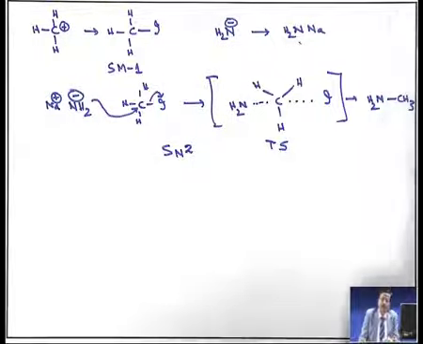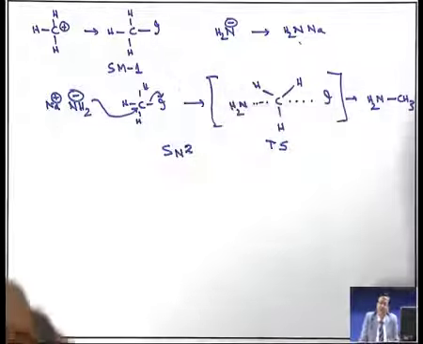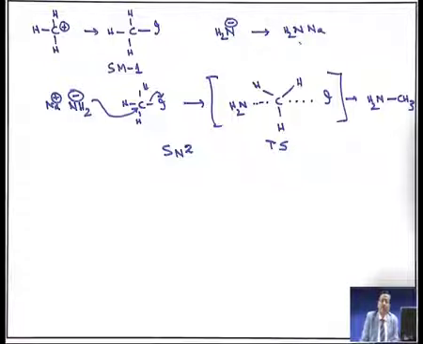Iodine is going out as iodide and NH2 is entering. So, iodide is substituted by NH2 through a transition state and no intermediate. So, it is a bimolecular reaction. So, substitution nucleophilic bimolecular.